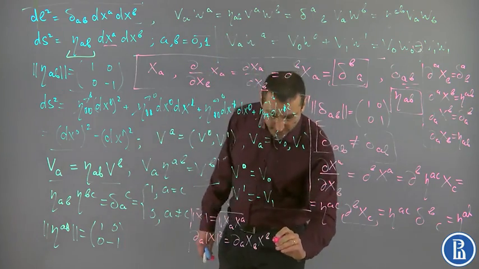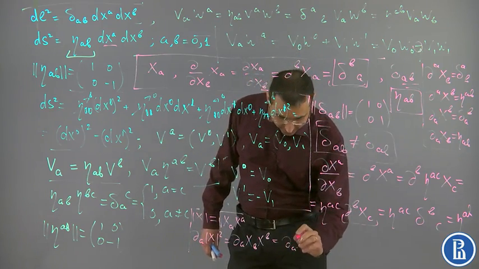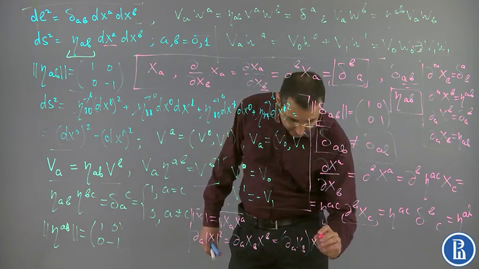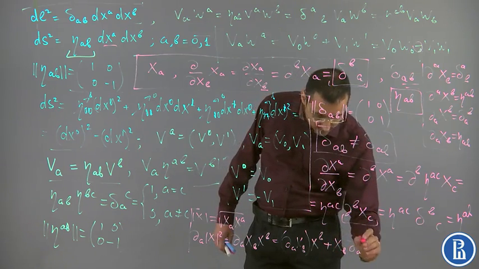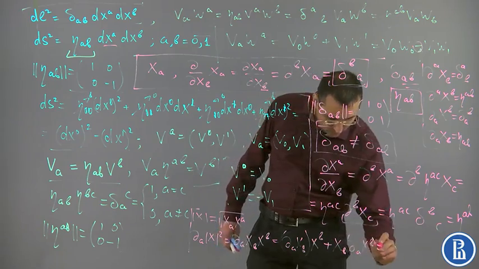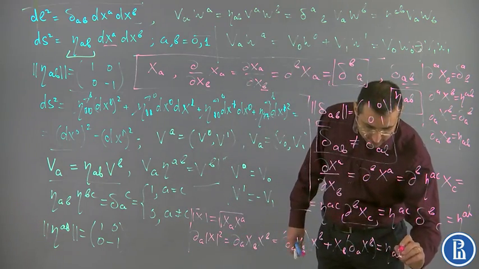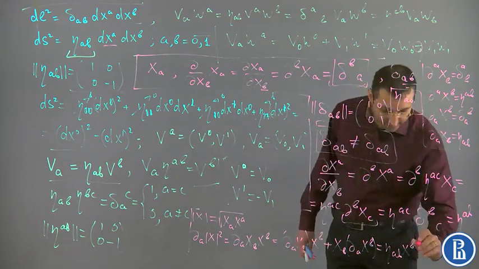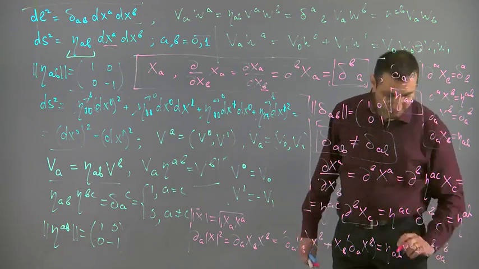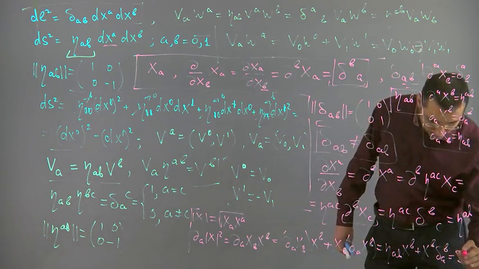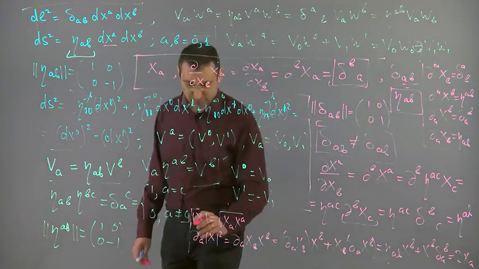Well, this is by Leibniz rule just dA xb times xb plus xb dA xb. Well, what do we have? This is eta AB times xb plus xb times delta AB. Well, this is 2xa. Well, this is a simple exercise.